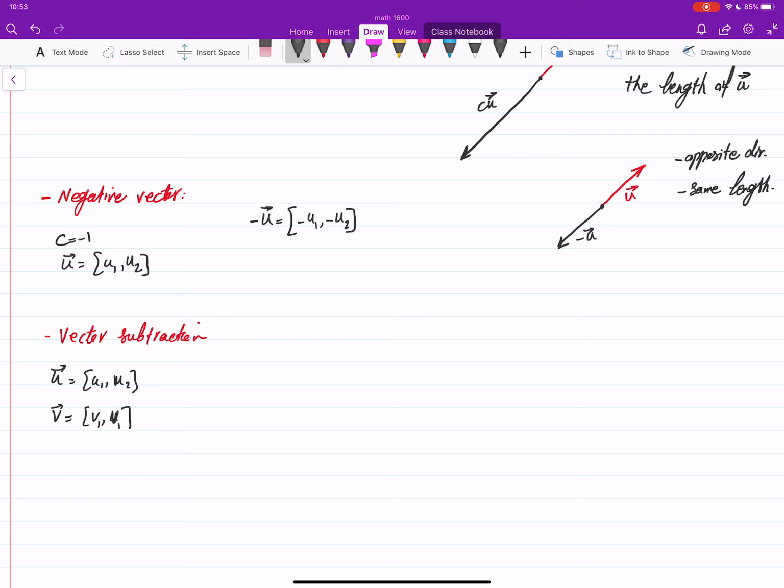When we say u minus v, it is a vector which the way we define it is this: we know how to add two vectors, so I'll define it based on addition. So add the vector u to the negative of v. In other words, this will give us u1, u2 plus negative v1 and negative v2. In other words, basically you subtract the corresponding components and put them in the corresponding spot.